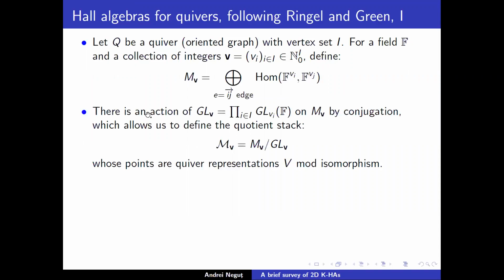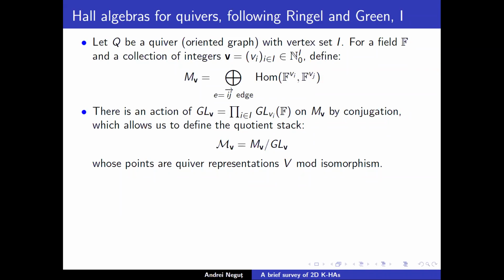Now, of course, you don't just care about a boring affine space. You care about the action of GLV on it. GLV is just the product of the general linear groups, which act by conjugation on the vector spaces at the vertices. Therefore, because it acts on F to the power Vi, it also acts on the Hom spaces. So you get an action of GLV on MV. If two quiver representations are in the same GLV orbit, then they are isomorphic.